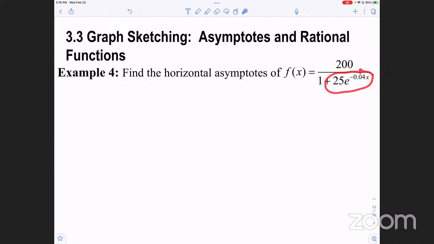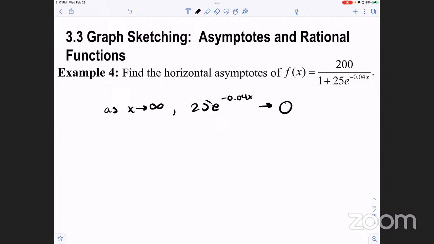So as x goes up to the far right, this term goes towards 0. Let's write that down. As x goes to infinity off to the far right, the expression 25e to the negative 0.04x tends to 0.